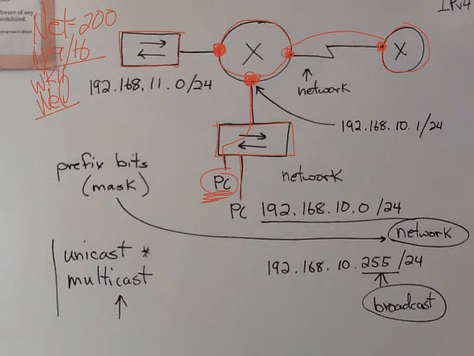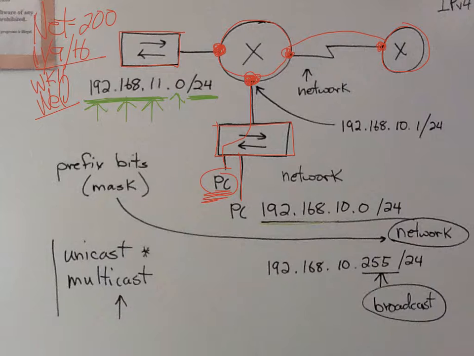So let's take a look at these addresses. 192.168.11.0. Prefix 24, which means this part's the network. 8 bits, 8 bits, 8 bits. And that's an 11.